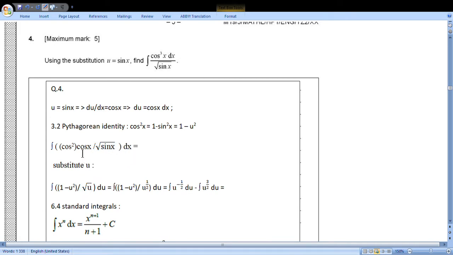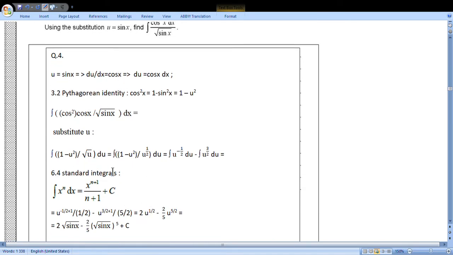Cosine squared is 1 minus u squared. Cosine x dx we change to du, divided by the square root of sine x, which is u, so the square root of u. Then we use powers: the square root is u to the 1 over 2.